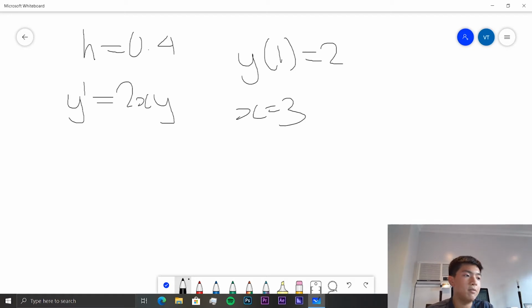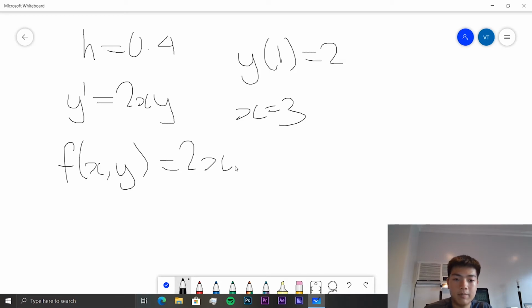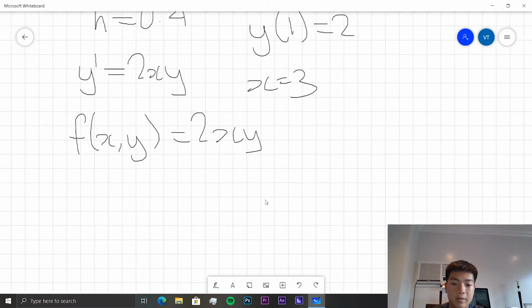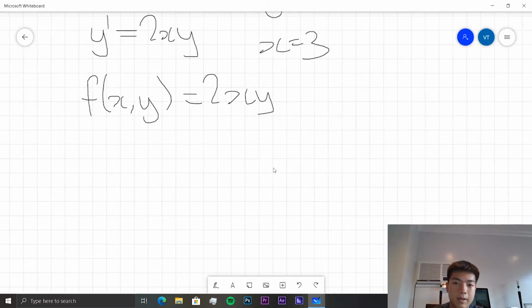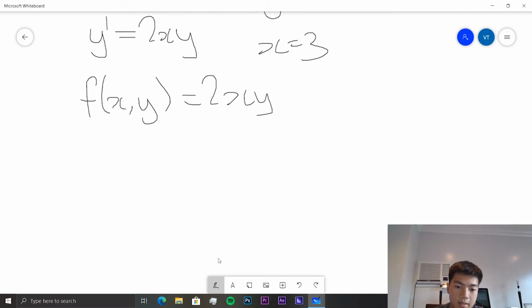So, how would we use Euler's method? Well, we have f of x and y equal to 2xy, and we'll start at y of 1. So when x equals 1, this is the 0th step.